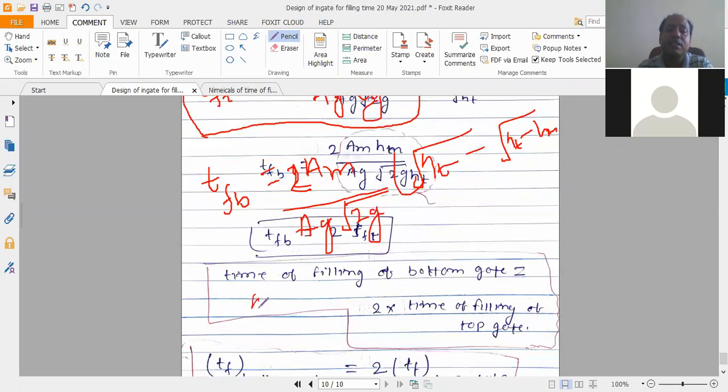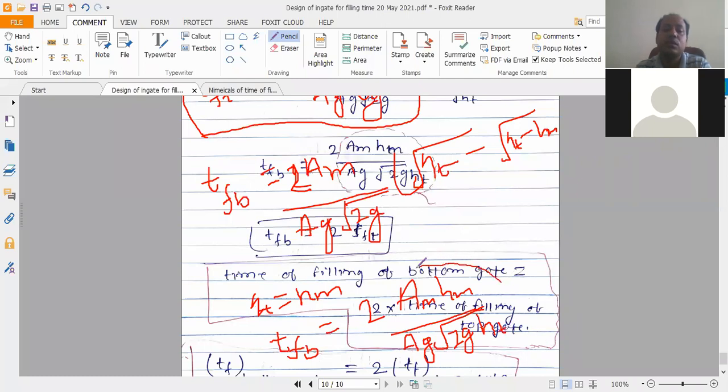And a special case: if HT is equal to HM, the total height equal to the height of the mold, then the time of filling by the bottom gate is equal to 2 times Am into HM divided by Ag into root under 2g times the total height HT.